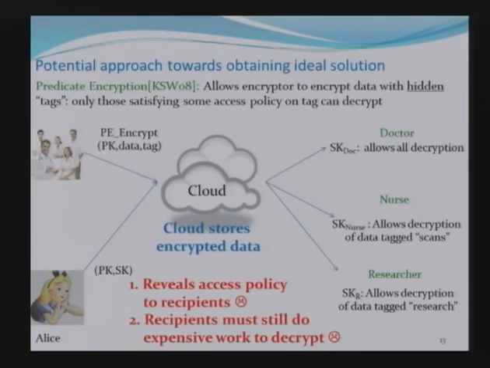Why might this be a problem? Say Alice is taking part in some sort of research study that's related to mental health or something like that, right? So now my access policy is going to say, if the data is tagged mental research study or something, give it to the researcher.